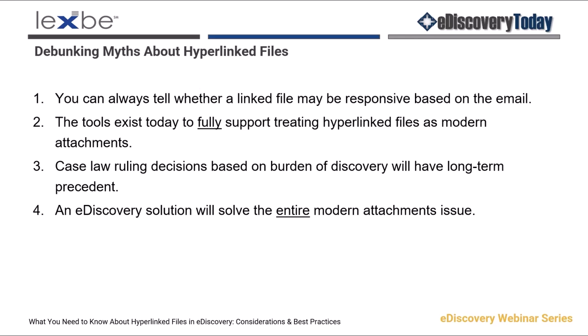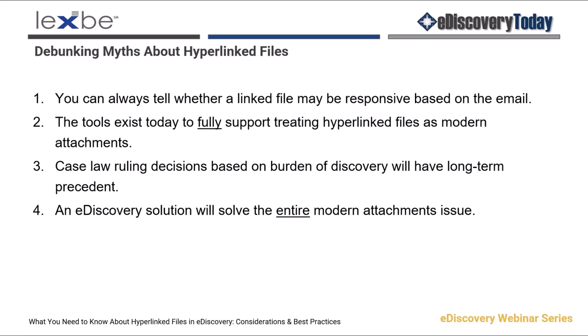The next one is that an eDiscovery solution will solve the entire modern attachments issue. No, it won't. No matter how good an eDiscovery solution gets at collecting ESI from source solutions, it will never solve the entire modern attachment problem alone. Why? Because you can't collect what isn't there. An eDiscovery solution can't collect contemporaneous files if the source application isn't preserving them and making them available to be collected.